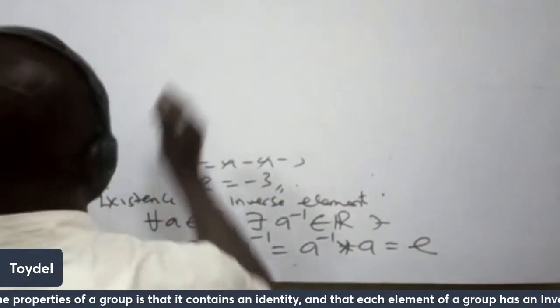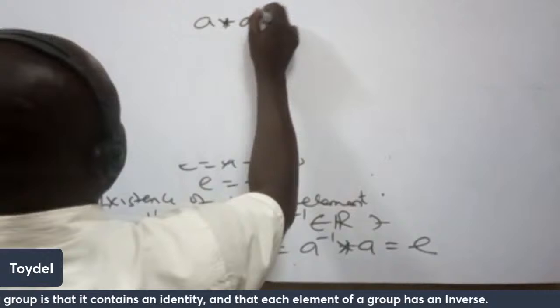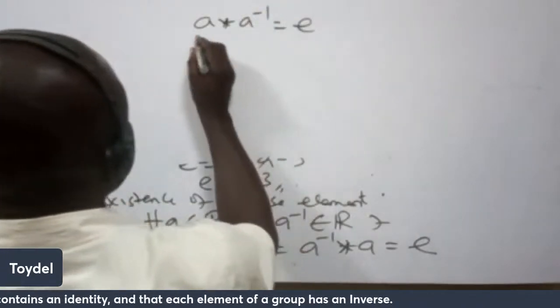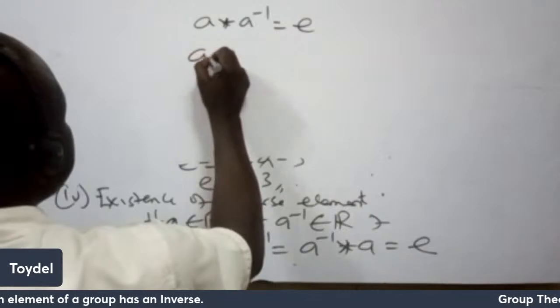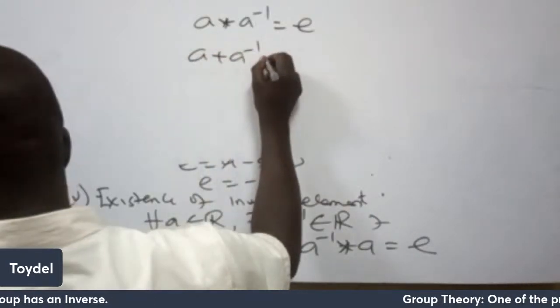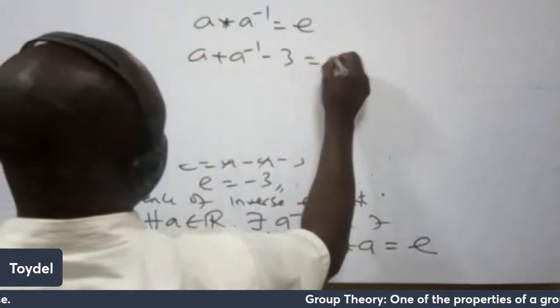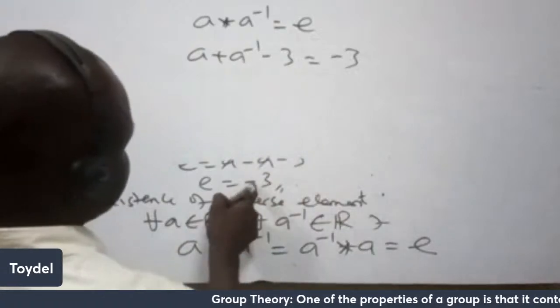So A * A inverse is equal to the identity element. What is A * A inverse? A * A inverse will be A + A inverse, then minus 3 will be equal to minus 3.